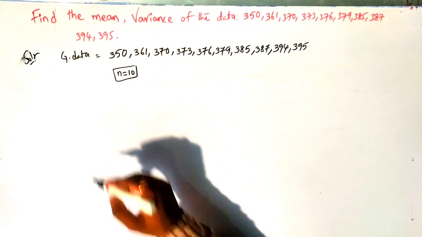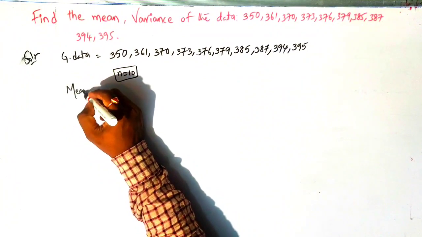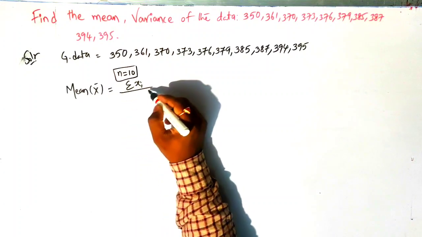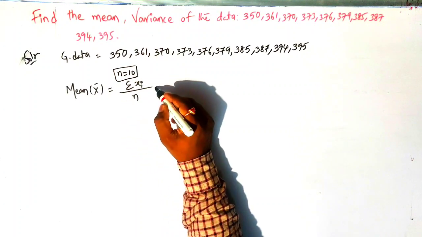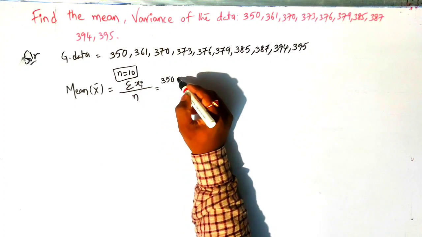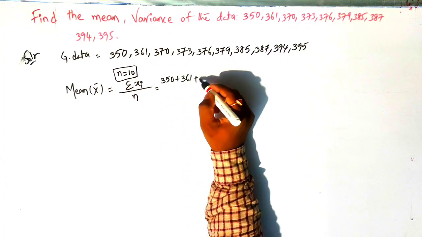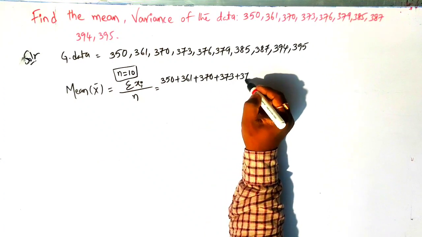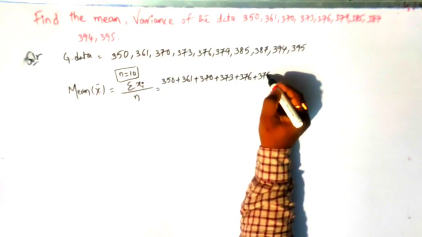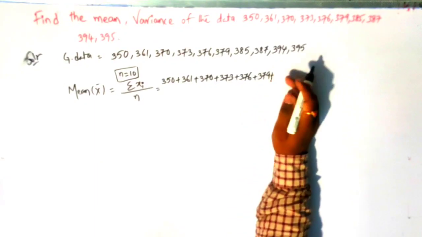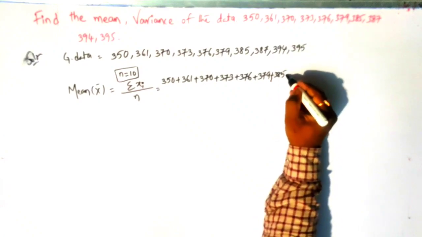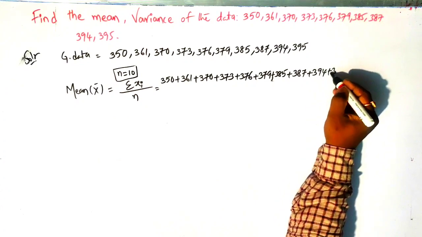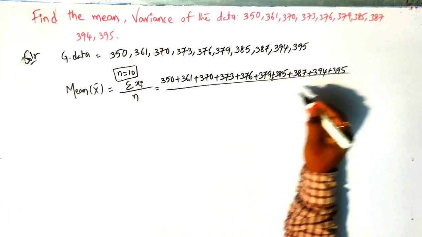Clear? So after that, first of all we find the mean. Mean formula is the sum of the variables or observations divided by the number of observations. So 350 plus 361 plus 370 plus 373 plus 376 plus 379 plus 385 plus 387 plus 394 plus 395 divided by 10.